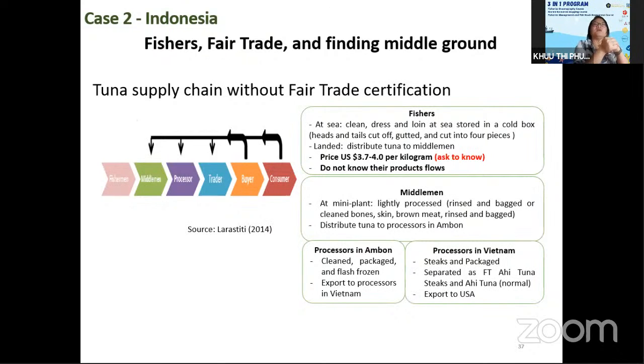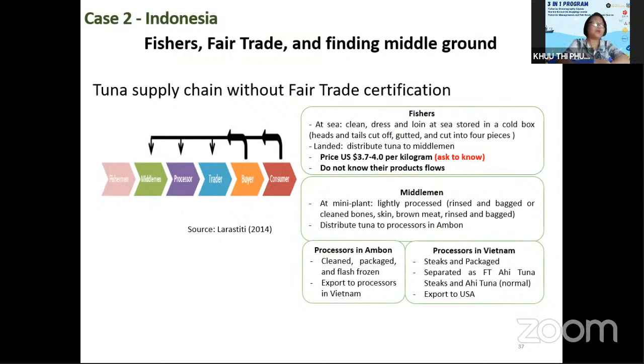And this is the supply chain without fair trade certification. You can see the tuna is provided from fishermen to middlemen. The fishers at sea can clean and grade the fish, and log it at sea. The price of yellowfin tuna is about $4 per kilogram, but they have to ask the middleman.